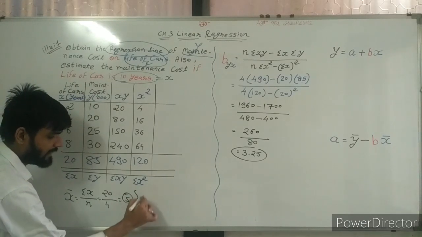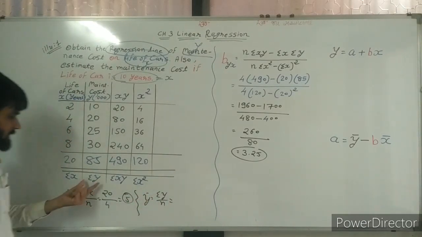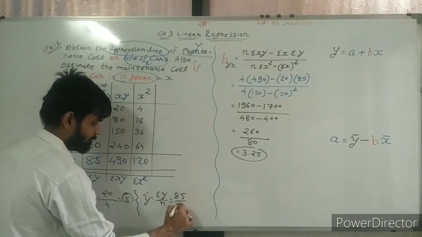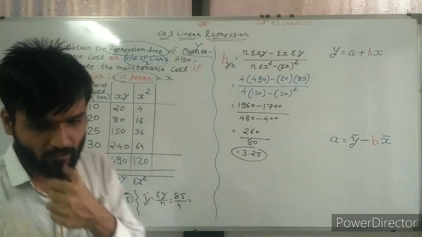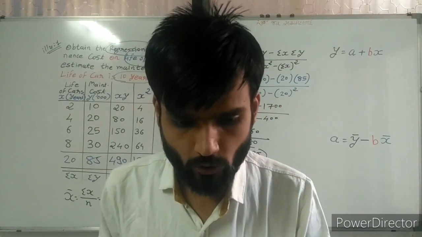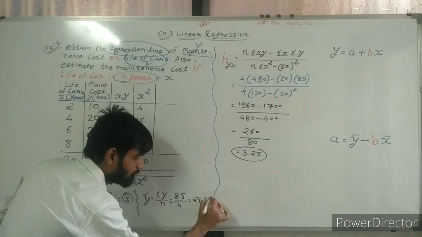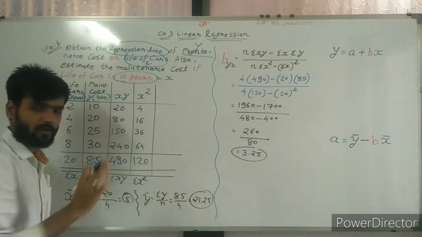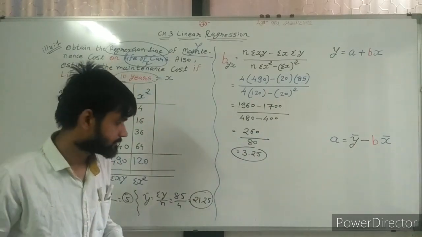Same way, Y bar is equal to sigma Y upon N. Sigma Y is 85, 85 divided by 4, you will get 21.25. So Y bar is 21.25.